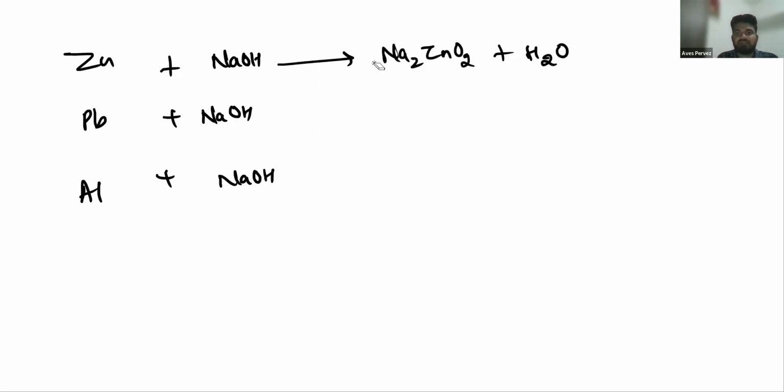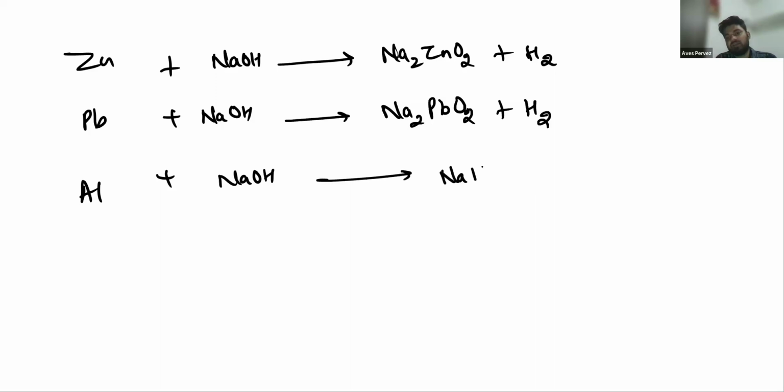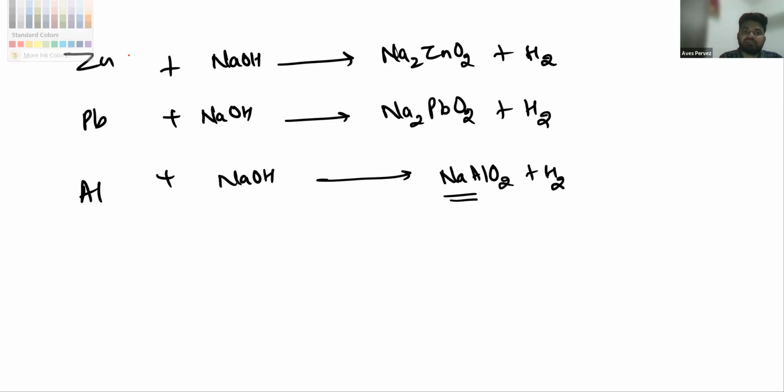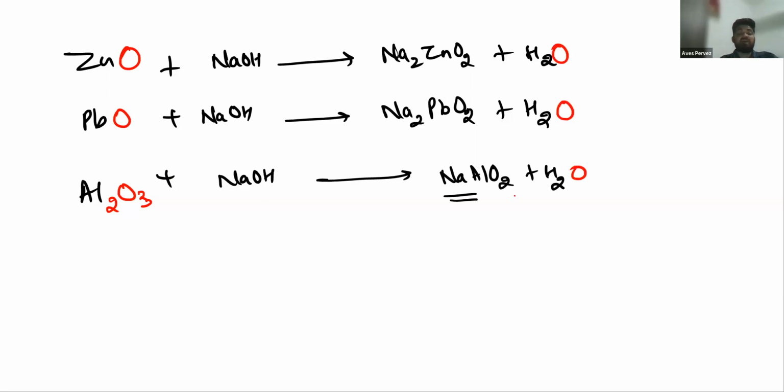Similarly Na2PbO2 plus hydrogen gas, and NaAlO2 plus hydrogen gas. And if it is the oxides, zinc oxide, lead oxide, Al2O3, then instead of hydrogen, water will be formed. We have written this previously. You can check in your copy.